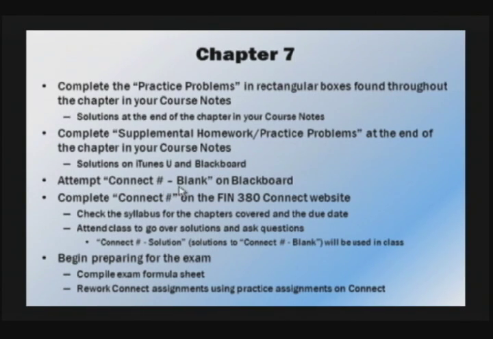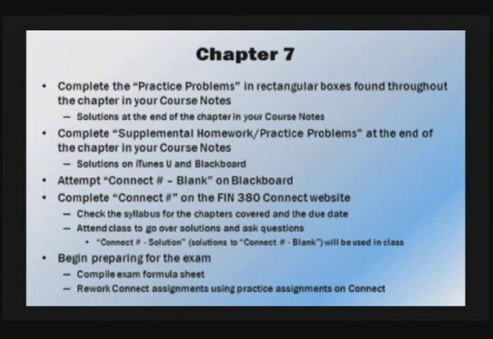You should attempt that blank Connect assignment that we posted to Blackboard before you actually complete the online Connect assignment. Check the syllabus for the chapters covered on the Connect assignment and the due date. And once you've completed that Connect assignment, then please come to class. We will go over the solutions to that Connect assignment.